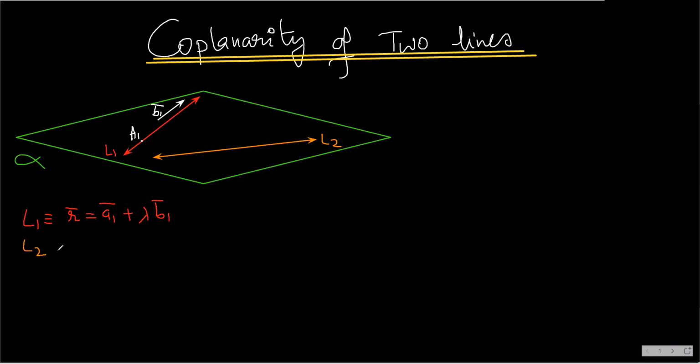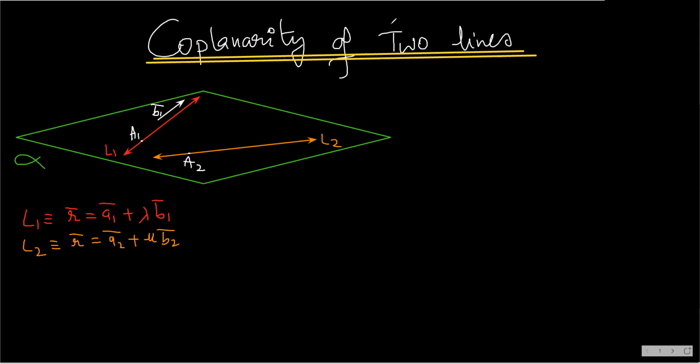Now I have line L2. L2 has equation R bar is equal to A2 bar plus mu B2 bar. Once again, there is a point here which is A2 on line L2, and its position vector with respect to O will be A2 bar.